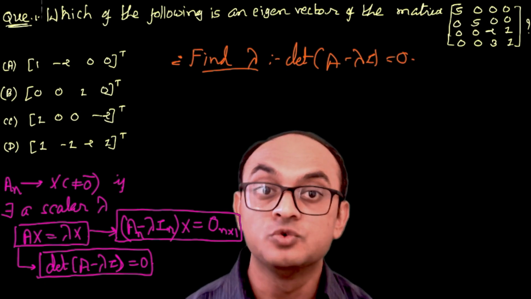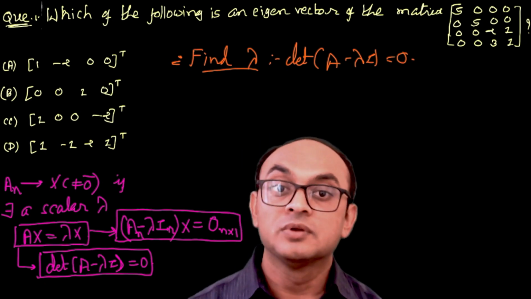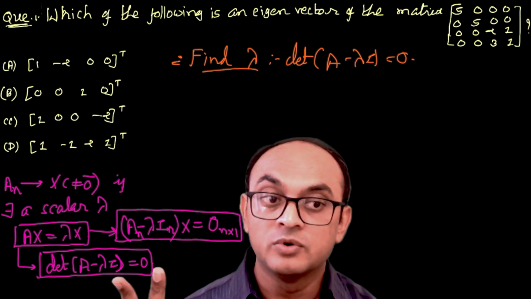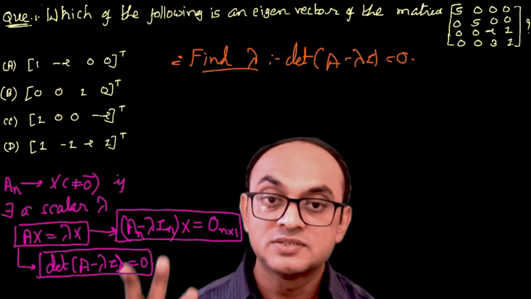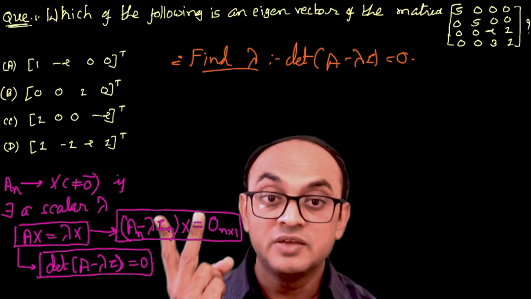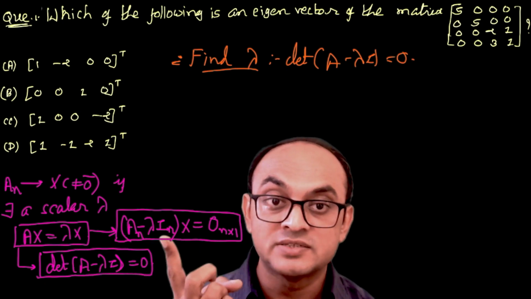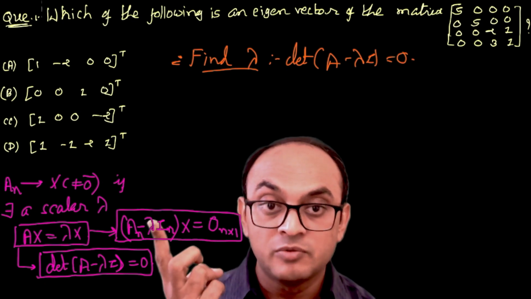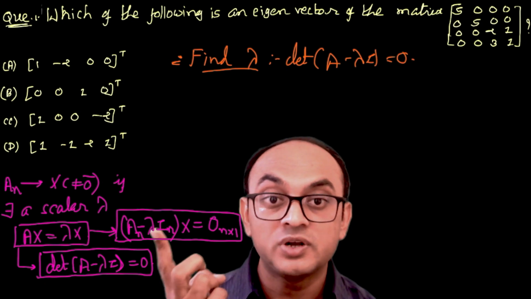So the question is, do we have any other option? This method, determinant of A minus lambda I equal to 0, is not going to help us. Now let us see whether Ax = lambda x will help. If I use the definition (A minus lambda I) x = 0, I first need to know what lambda is.